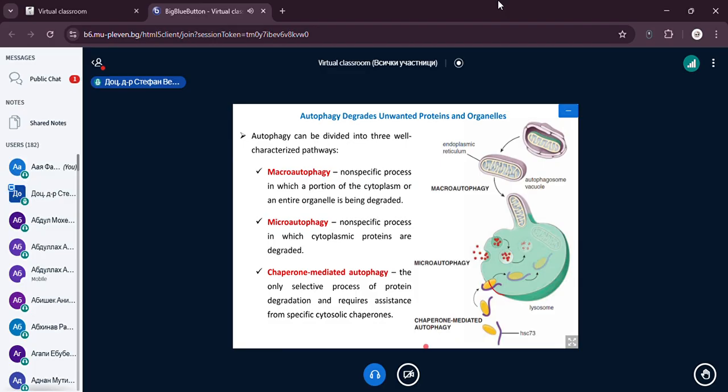This means specific and non-specific processes of degradation. There are different types of chaperones recognizing different targets for degradation, and each pair is a specific pair. Okay.